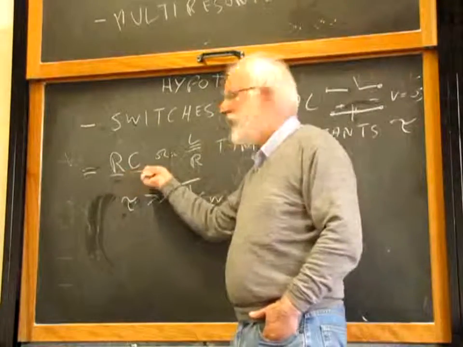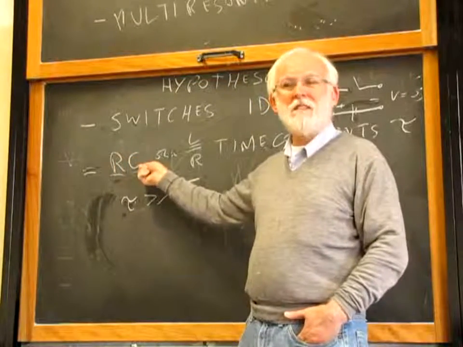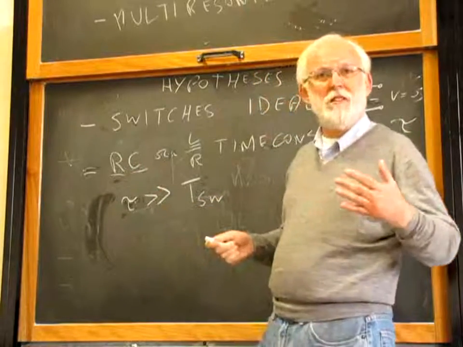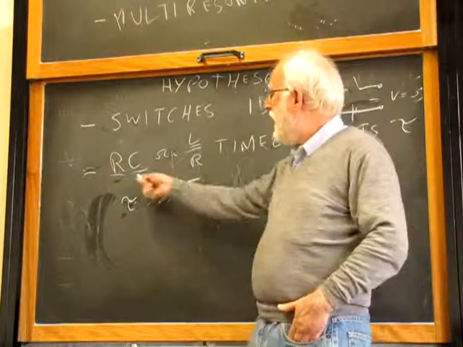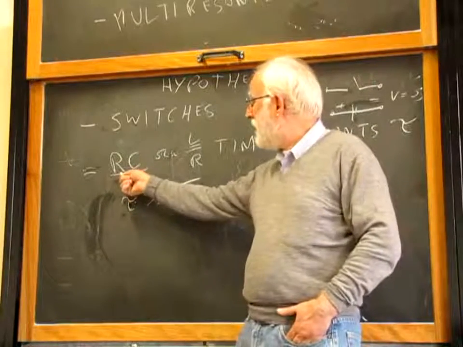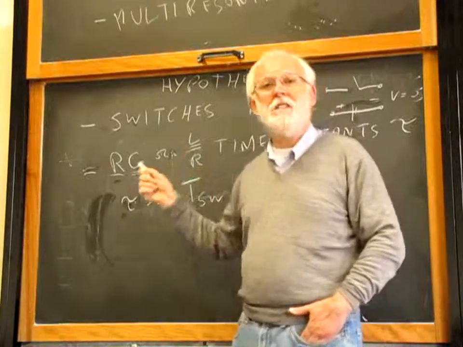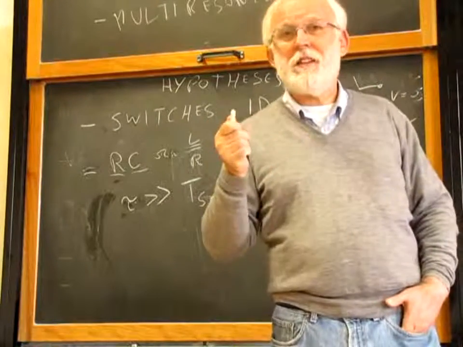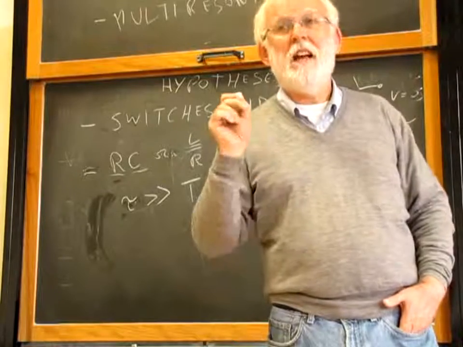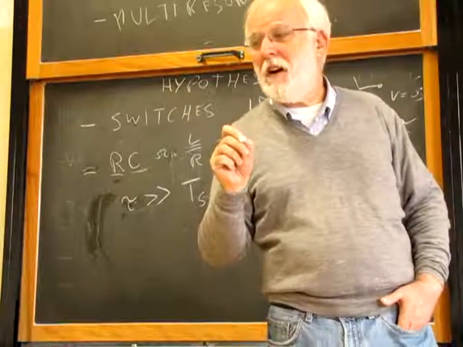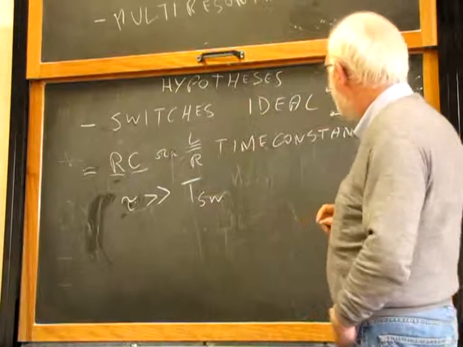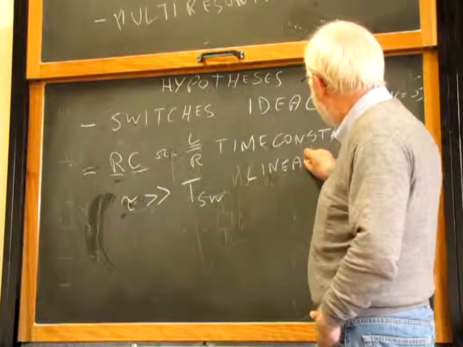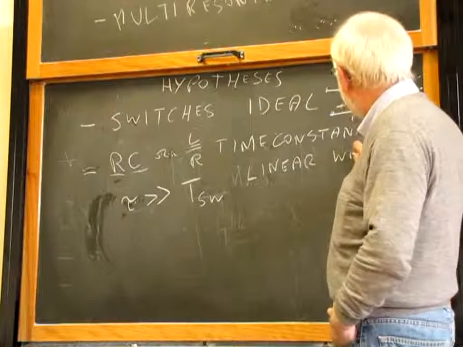But in this case, the RC, the load resistance times the capacitance, has a time constant that is quite longer, far longer than the switching period. So if you have an RC circuit or an LR circuit, you should see exponential waveforms. Well, we don't want to deal with exponential waveforms. We will deal with linear, straight waveforms.